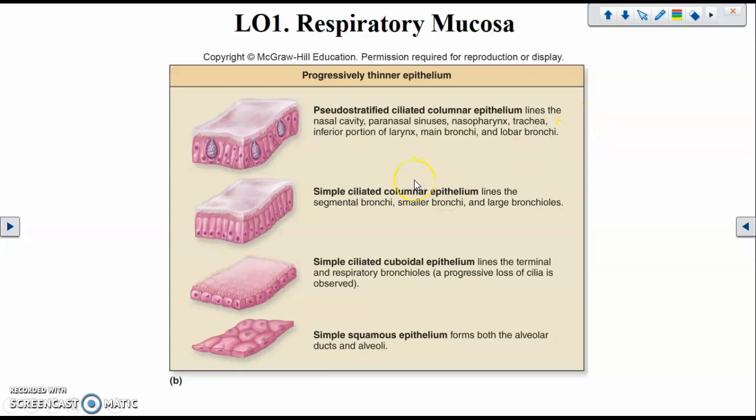So the respiratory mucosa, we're just talking about the epithelium that lines the respiratory passages, starts thicker and ends up thinner. And the reason why is that the function in the upper respiratory tract and the function in the alveolus are two different things. In the upper passages of your respiratory tract, one of the primary functions is protection.